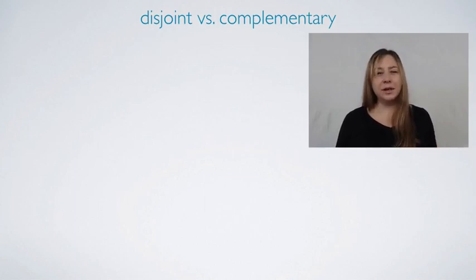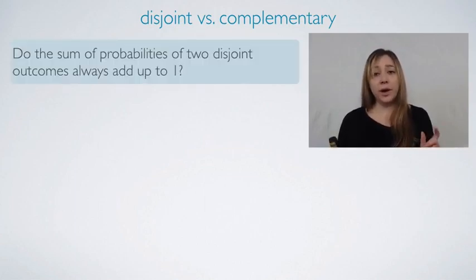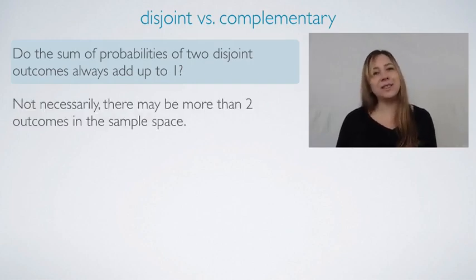Let's ask ourselves 2 questions here. 1. Do the sum of probabilities of 2 disjoint outcomes always add up to 1? Let's think about that for a second. The answer is not necessarily. If there are more than 2 outcomes in the sample space, then the probabilities of just 2 of those will not add up to 1.